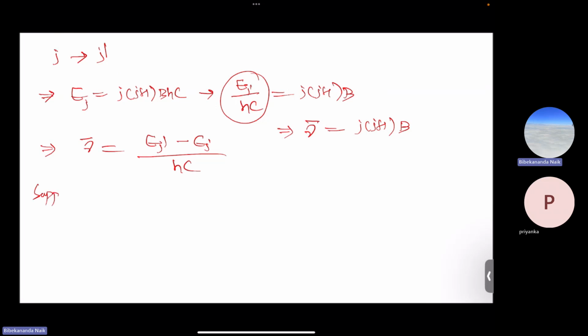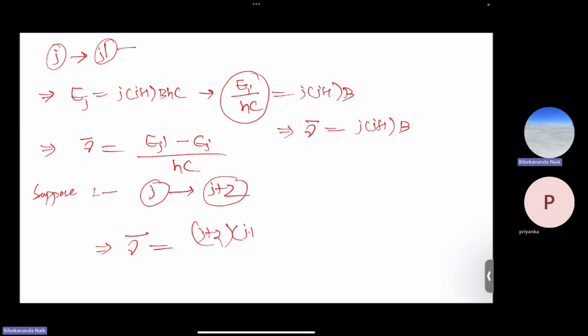So suppose the transition occurs from J to J plus 2. J prime is the final state and J is the initial state, so here J plus 2 is the final state. Nu bar is the energy of the final state minus the energy of the initial state. For J plus 2, it will be J plus 2 into J plus 2 plus 1, that is J plus 3, minus J into J plus 1, and B is common.